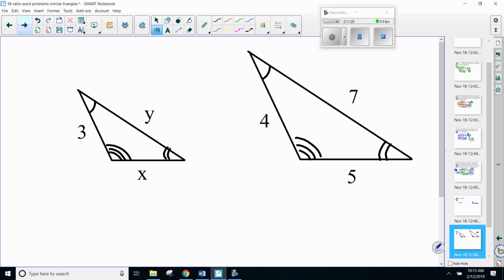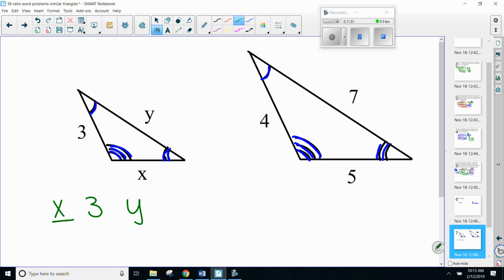So we look at this, and if they want to find x and y, you just have to go with corresponding parts. First of all, these are similar triangles because I know that the angle measures are going to be equal. So corresponding parts are going to be proportional when we talk about the side lengths. If I look at the small triangle, the side lengths are 3, x, and y.